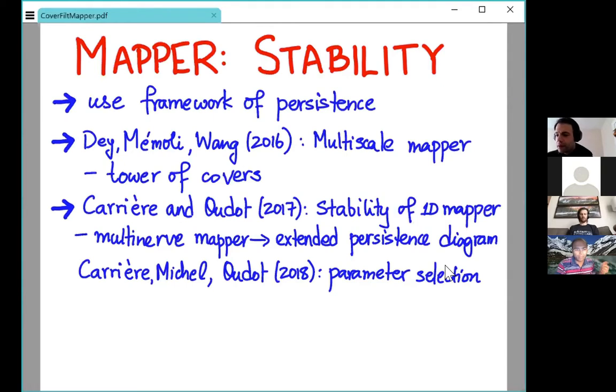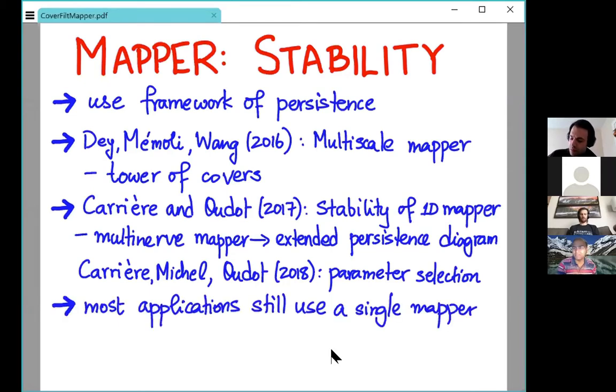They also had, along with Michel, a different analysis of parameter selection. Of course, the motivation here is that in most applications, people are still using just a single mapper. These notions of multiple towers of covers or multi-nerve and so on, while they are necessary, maybe not necessary, but they give us a way to characterize stability.